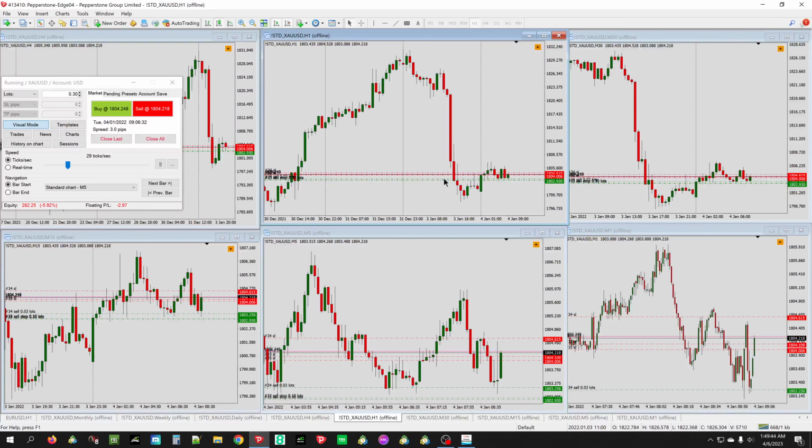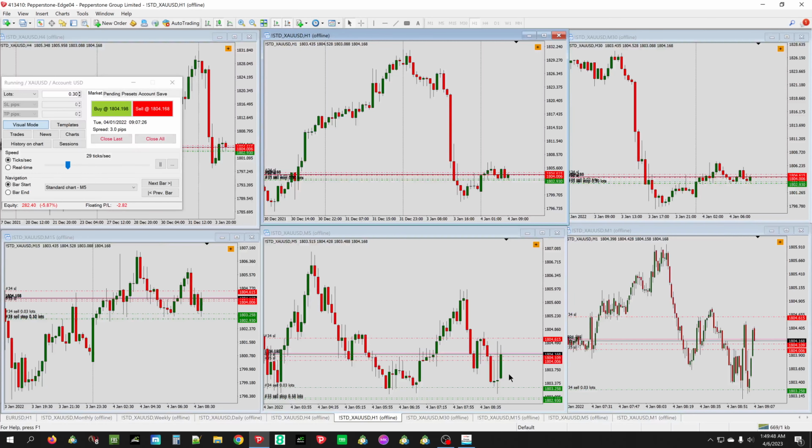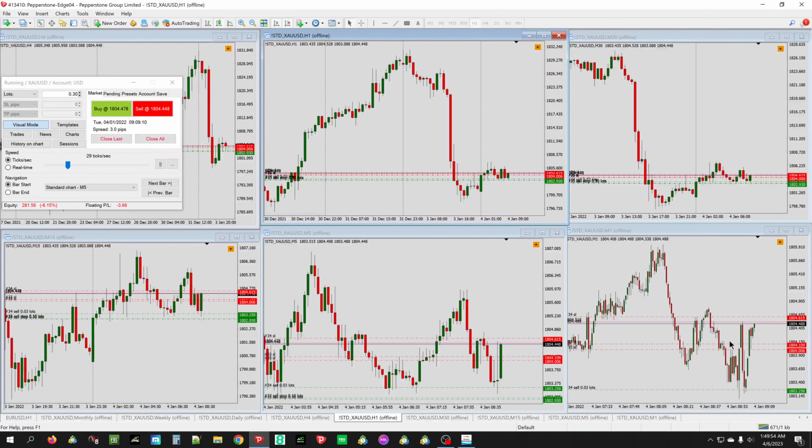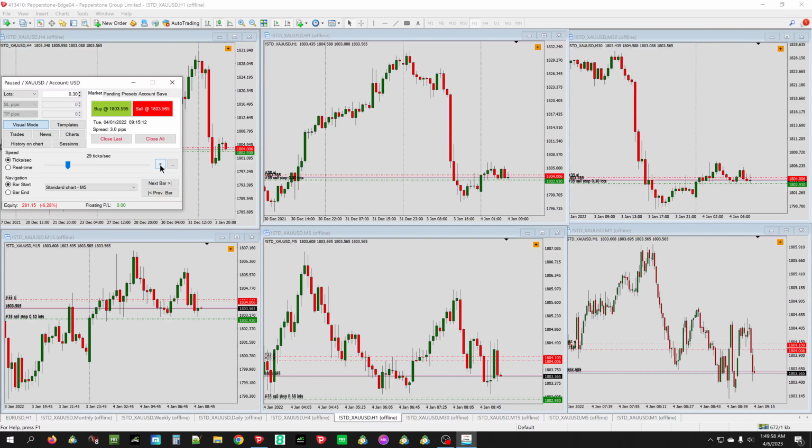Let's see if we can break through this area for prices to potentially keep pushing down. But in M1 time frame the price action is not right, but I am waiting for M5 candle to close. The previous M5 candle closed bullish and the next closed bearish.